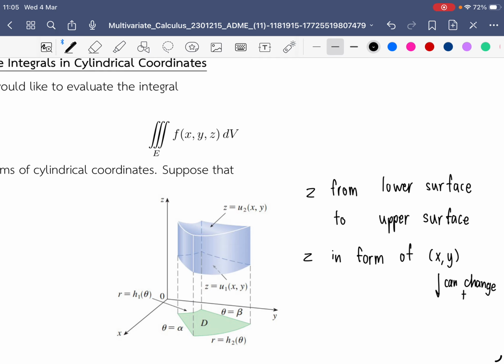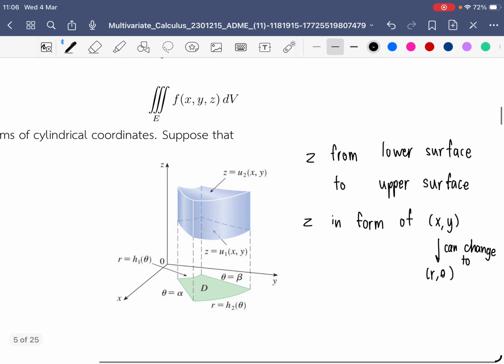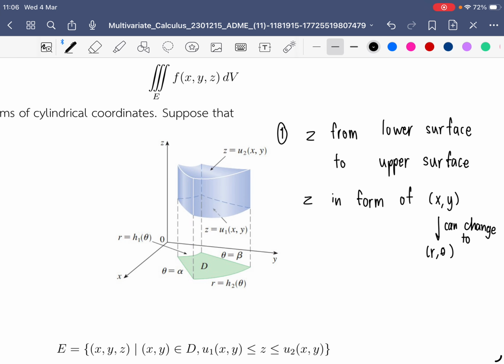Once you do this, you are trying to project the solid onto the xy plane, meaning that I want to find the widest part possible.